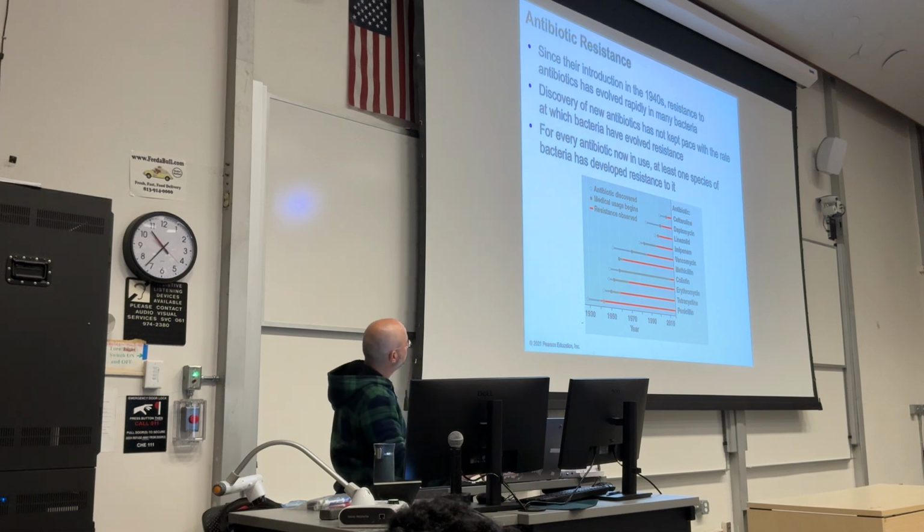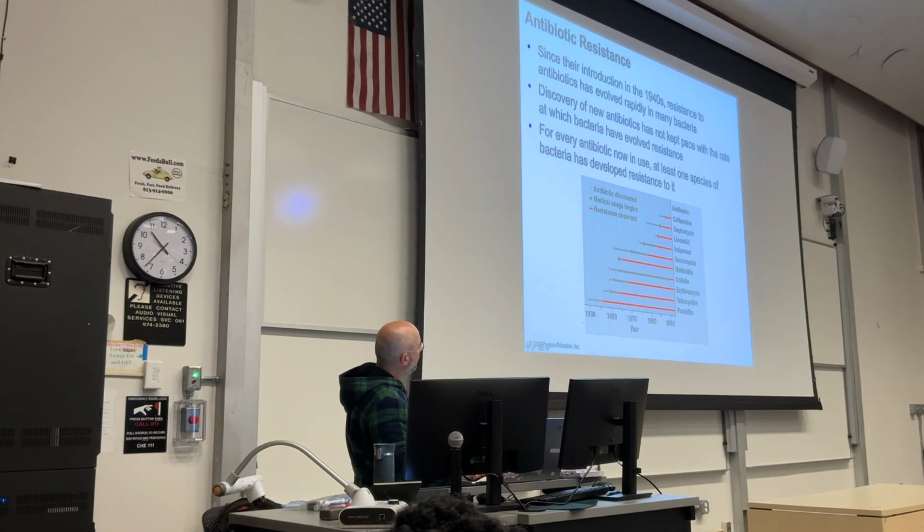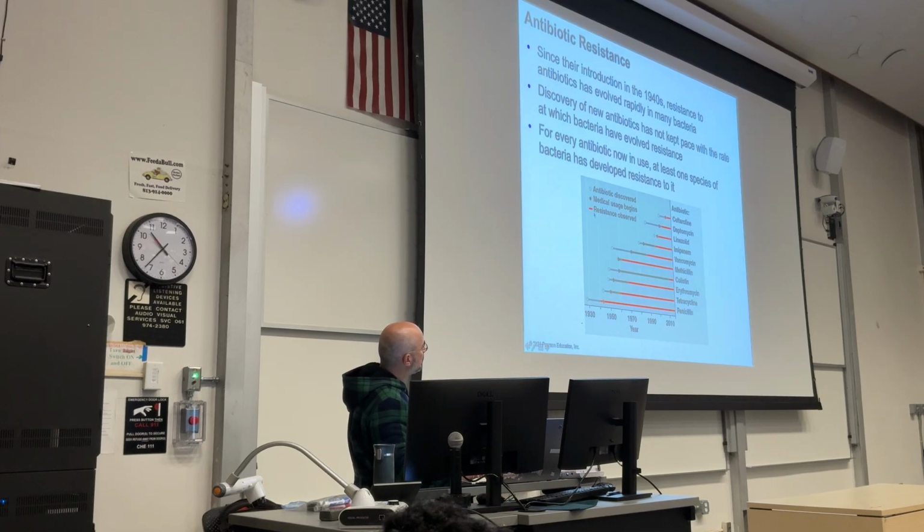Here's a graph that is in your textbook, a list of antibiotics, when they were discovered, when we started to use them in medicine, which is the black portion, and when we detected resistance.